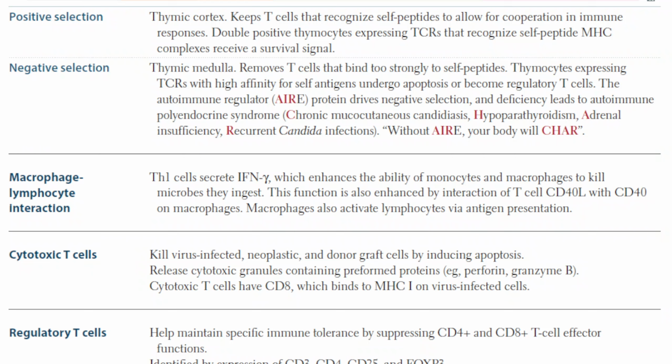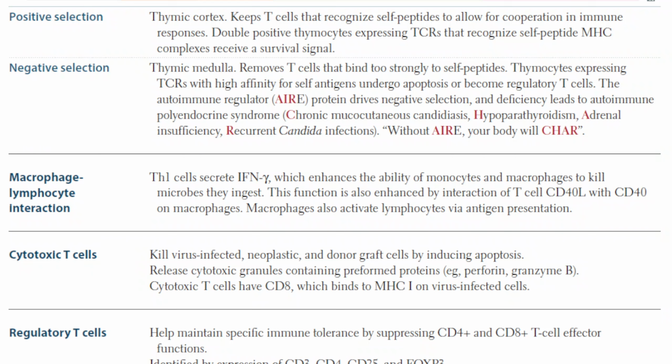The four diseases that could happen if you don't have a correct negative selection are chronic mucocutaneous candidiasis, hypoparathyroidism, adrenal insufficiency, and recurrent candida infection.